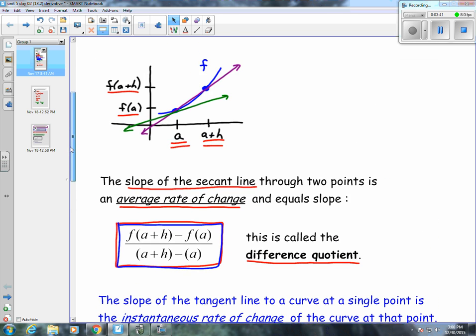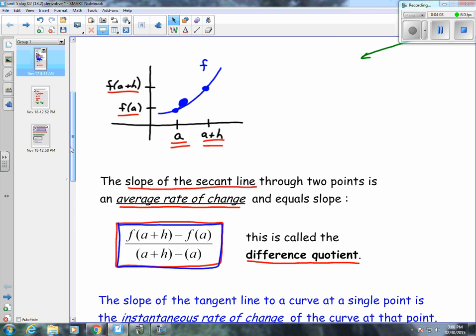So let me go back up to the picture. Let's get rid of these. We're looking at this graph, and what we're doing is taking this point here, and by taking the limit as h approaches 0, this point is moving closer and closer to that first point, and it's hollow.